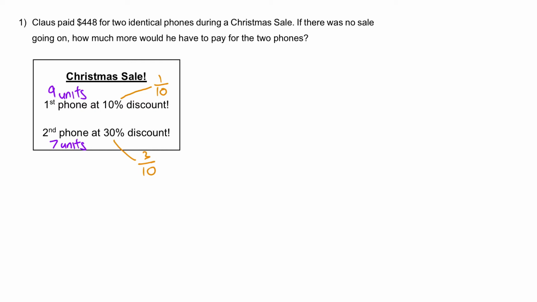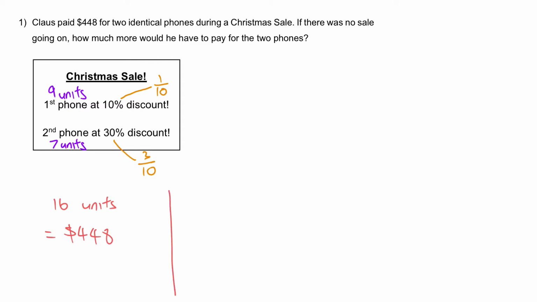So in total, 16 units is equal to $448 because this is the discounted price Klaus paid for the two phones. Hence the first step: 16 units is equal to $448.